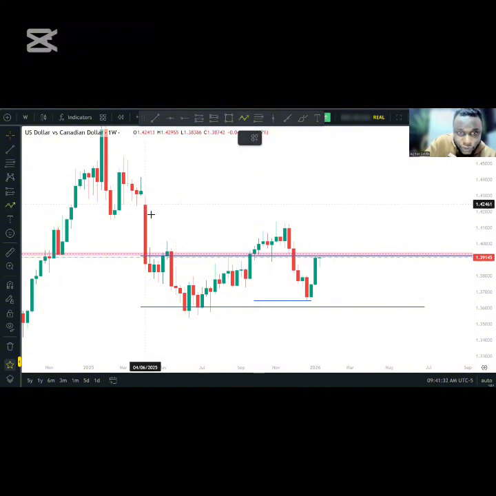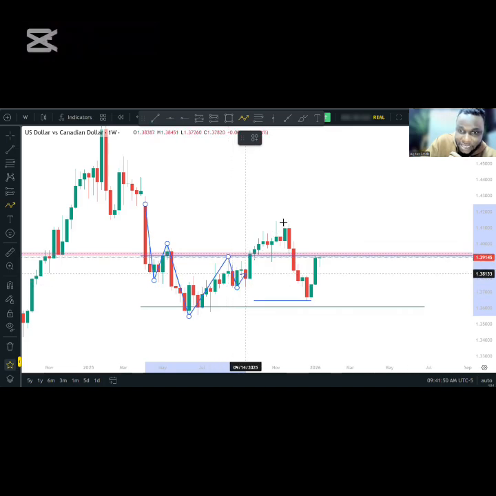Before it dropped to this level, we have this reaction here that pushed the market down. So when we go to this level again, you can see the market reacted from this last supply level, but failed, and decided to push higher, as you can see.